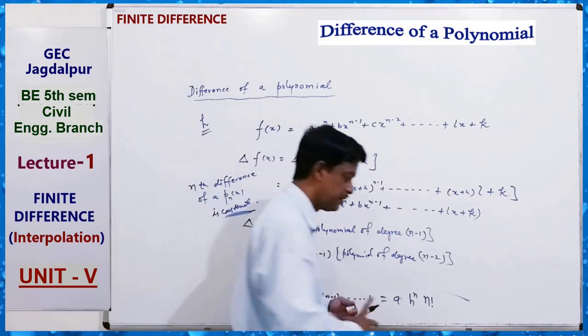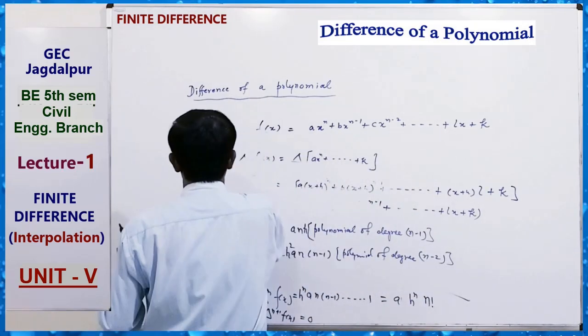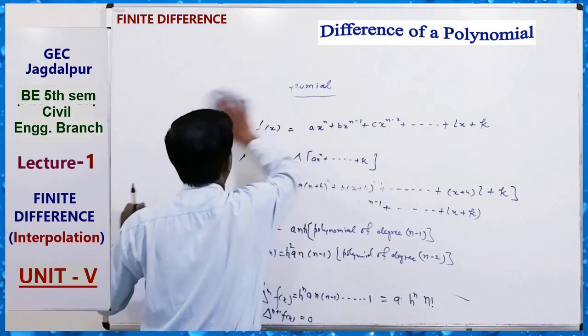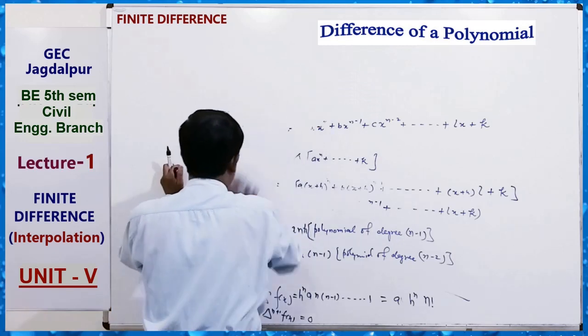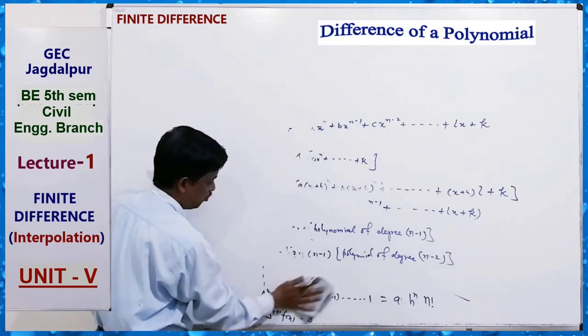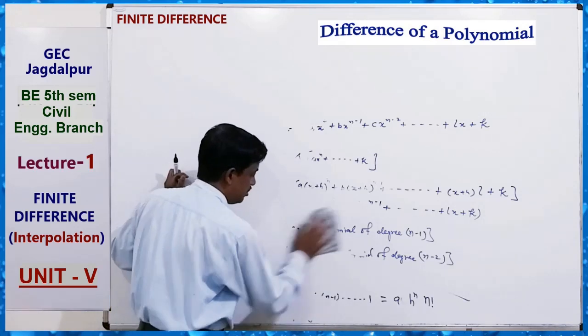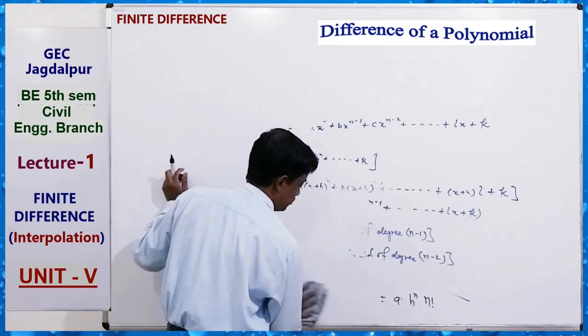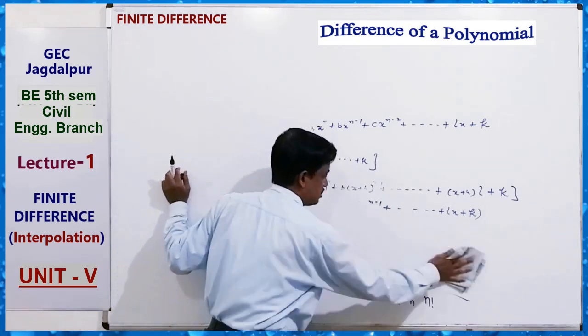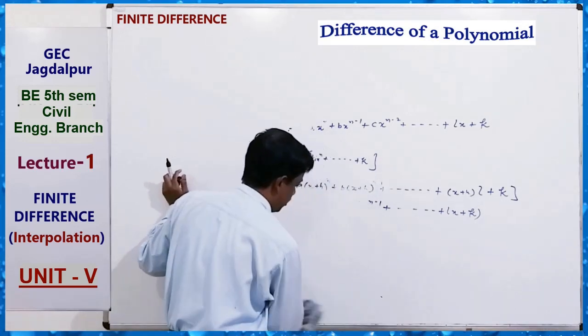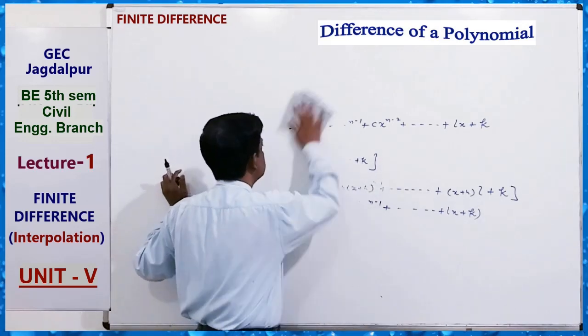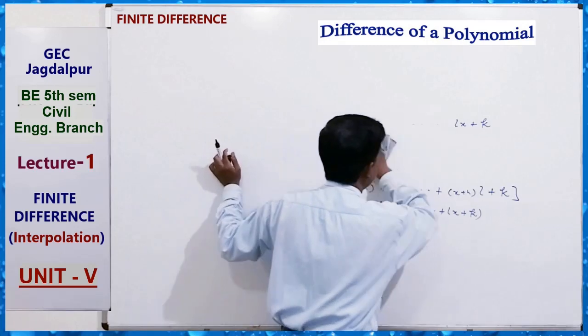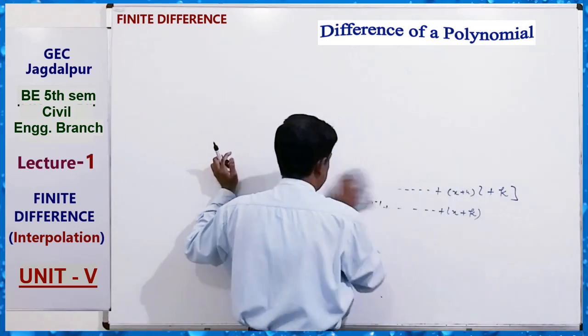Note it down, okay? So this is the difference of a polynomial. Nth difference of a polynomial of nth degree is constant and higher order differences are 0. Clear?